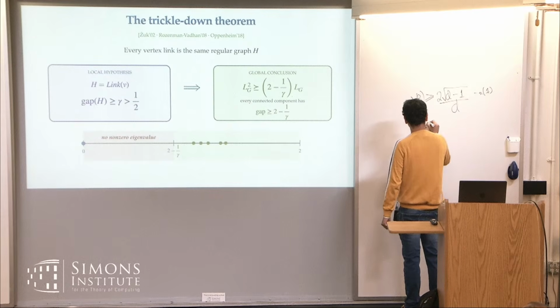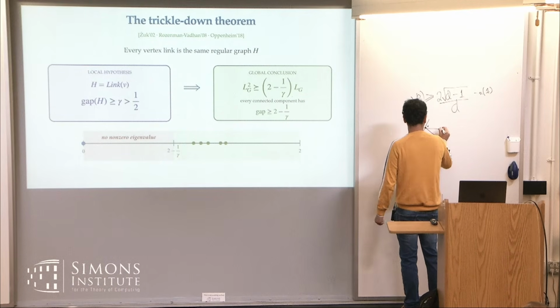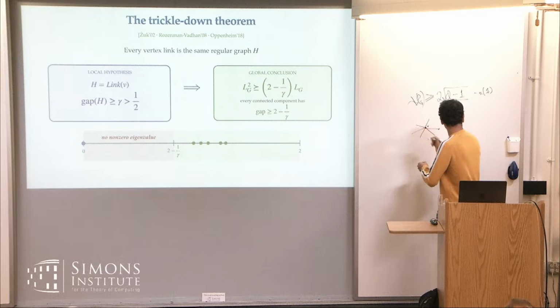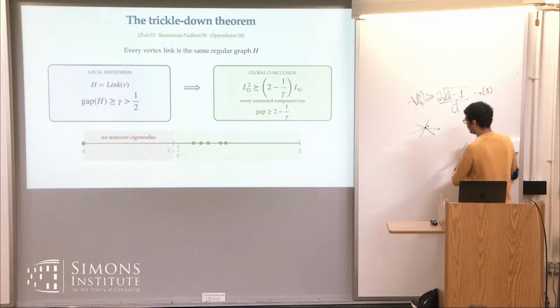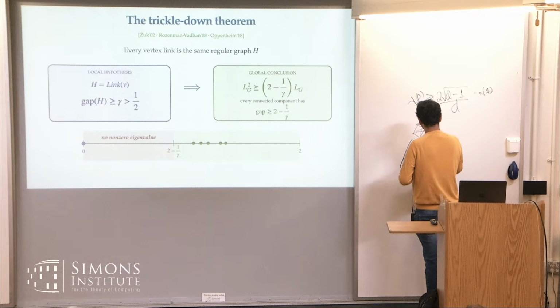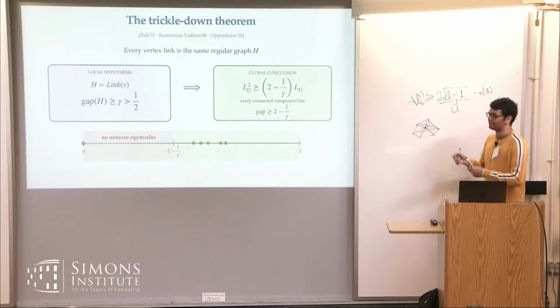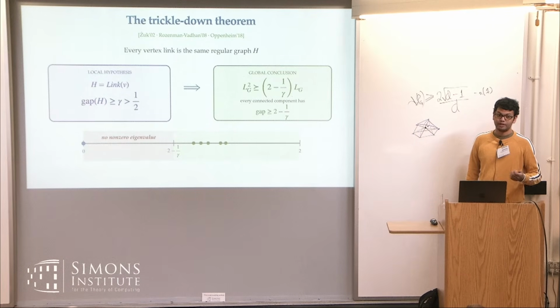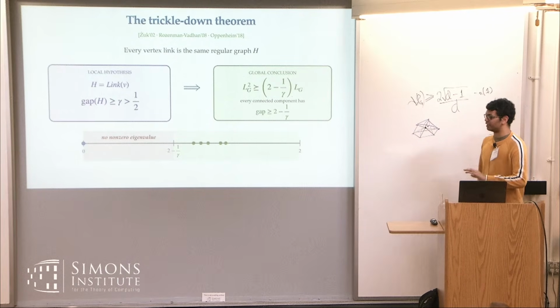The reason is, let's say here's a vertex v, and then you have a bunch of neighbors. If you put an edge for every length 2 walk, then every length 2 walk passing through v is going to result in an edge, so you put a clique. And the idea of Rosenman and Verdhan was, first of all, when you square a graph, you improve its expansion, but you also make its degree a bit worse.